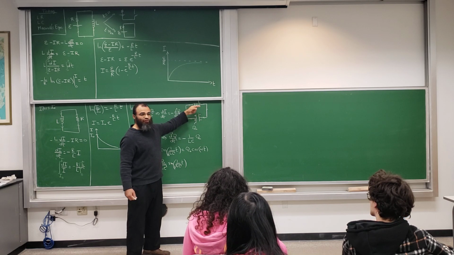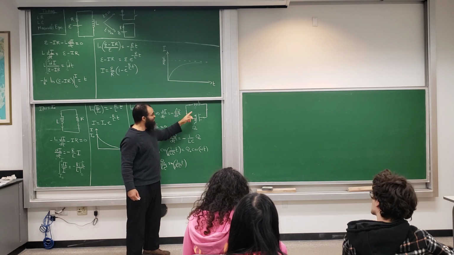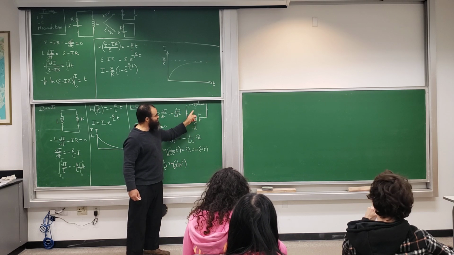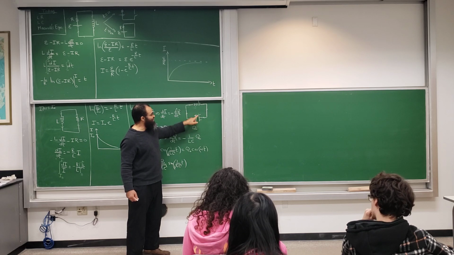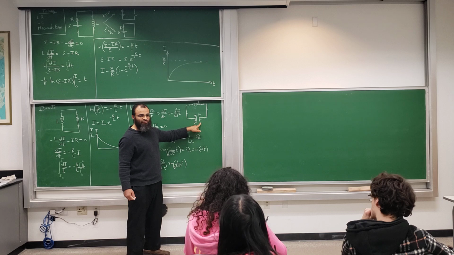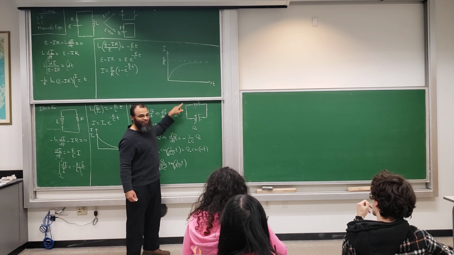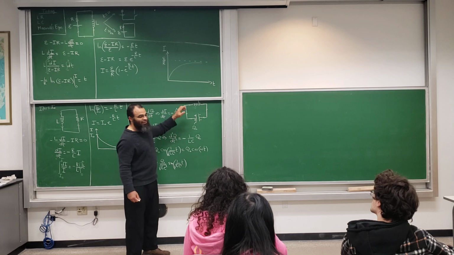But inductors, they don't like change. Once you get a current going, the current will keep going some more. So when both plates are 0, and now you start adding plus charge to this one and removing plus charge from this one, this becomes the negative plate, this one becomes the positive plate. It switches, and the process repeats.